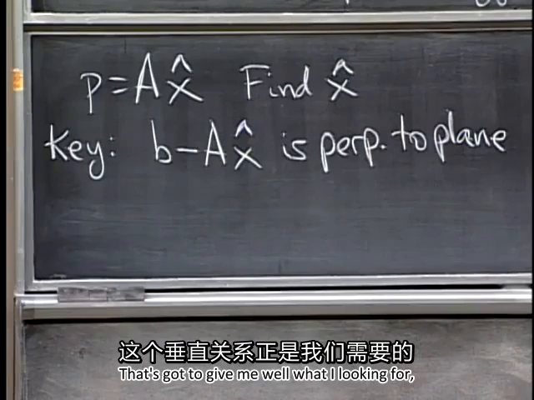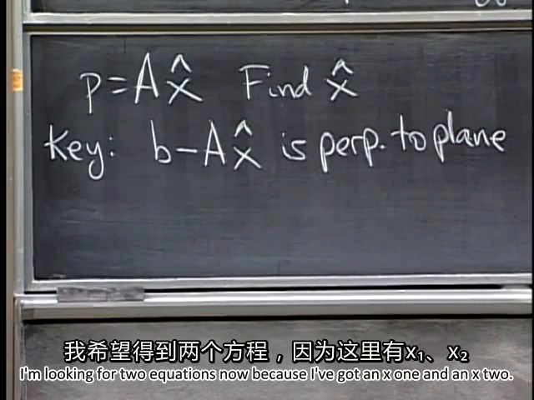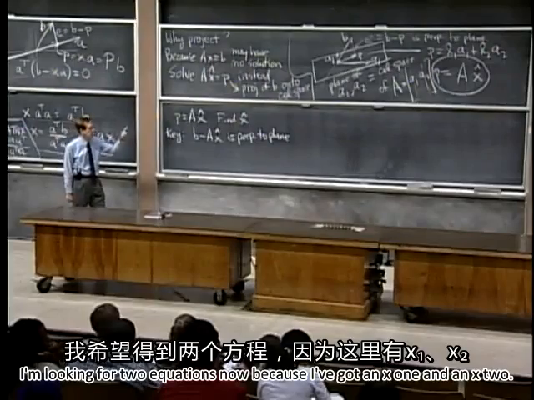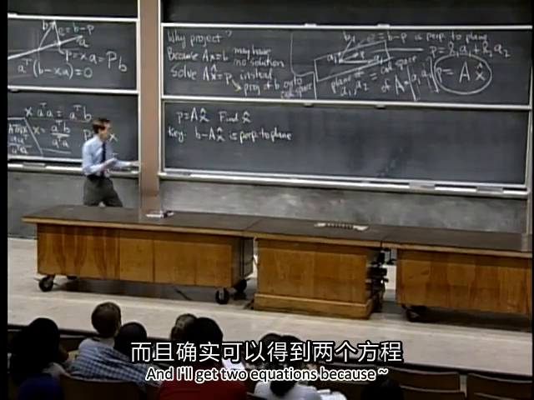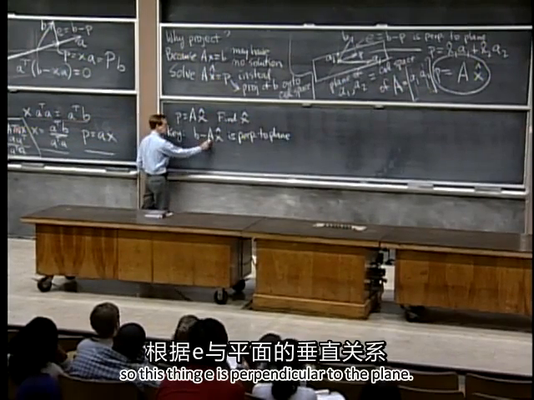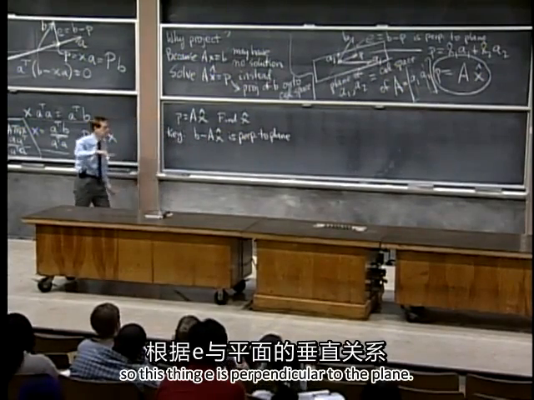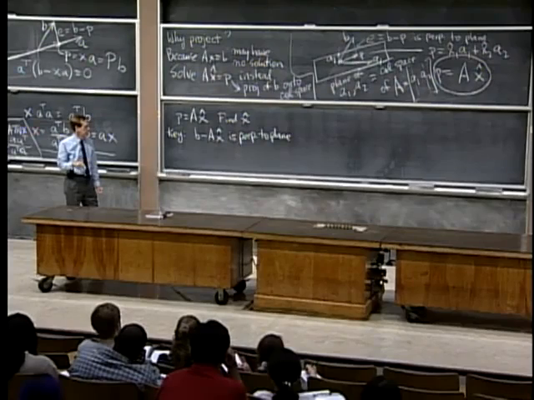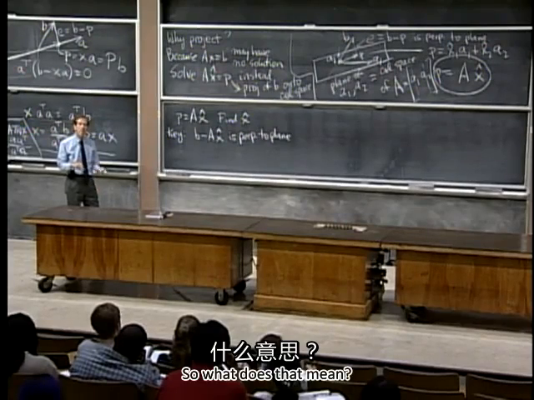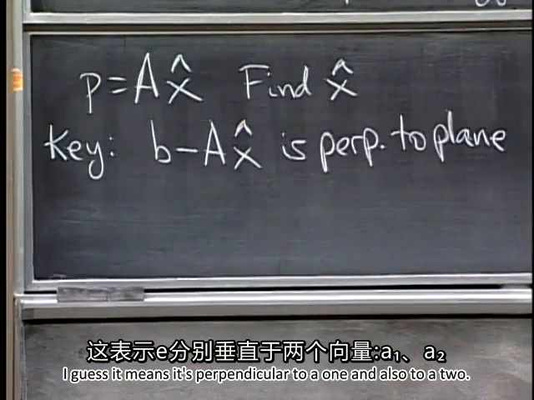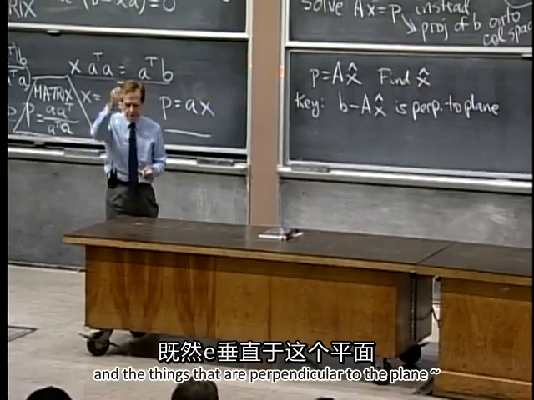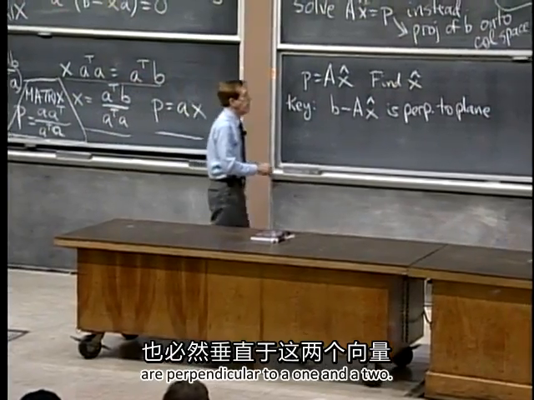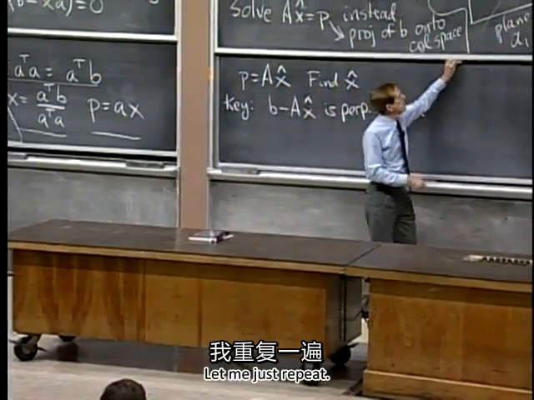That's got to give me, well, what am I looking for? I'm looking for two equations now, because I've got an x1 and an x2. And I'll get two equations, because this thing, E, is perpendicular to the plane. So what does that mean? I guess it means it's perpendicular to A1 and also to A2, right? Those are two vectors in the plane. And the things that are perpendicular to the plane are perpendicular to A1 and A2. Let me just repeat.